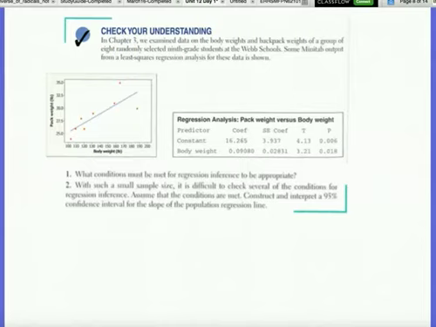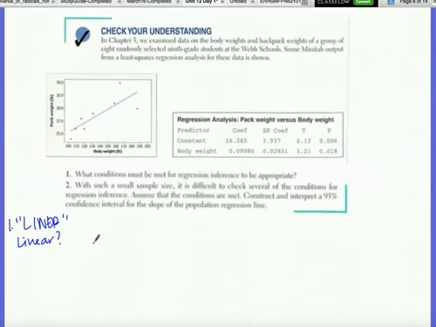So for number 1, we would need to first make sure that our linear conditions were met. So the first would be, is it linear?